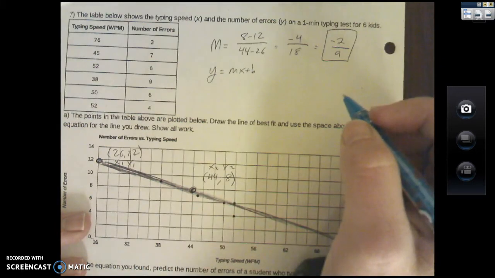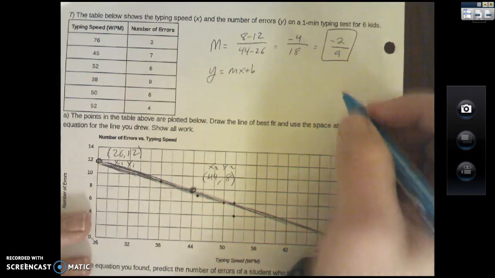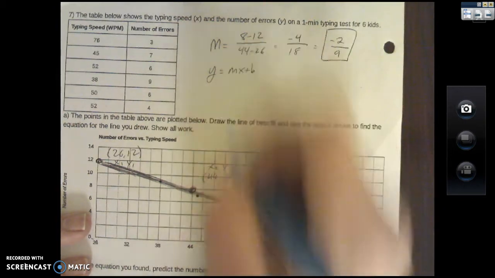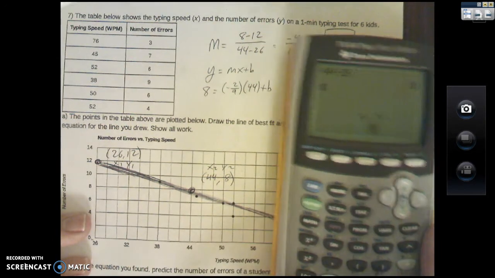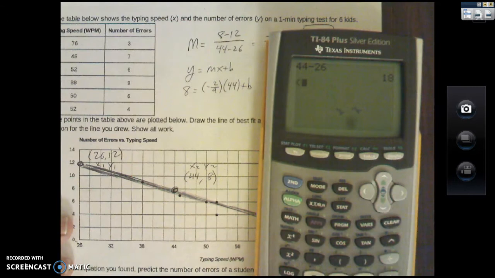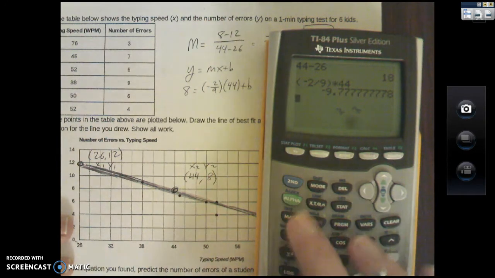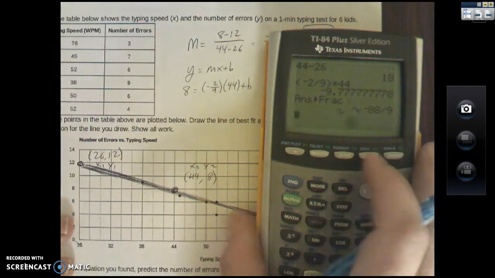I'm going to go back and plug into the equation y equals mx plus b. Let's see here. I'm going to put an 8 in for y. I'll pick this point. m is negative 2/9, my x is 44, plus b. Check out how we're going to do this, because I'm trying to make our lives as easy as possible. Negative 2/9 times 44 gives me negative 88 over 9.